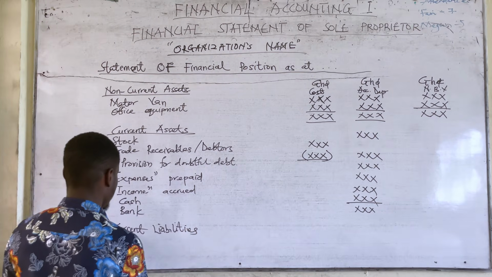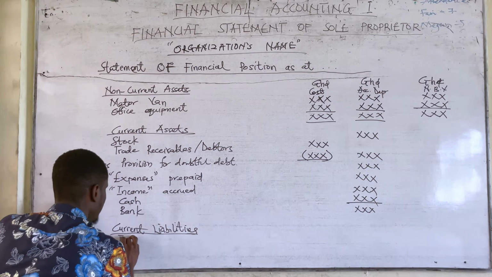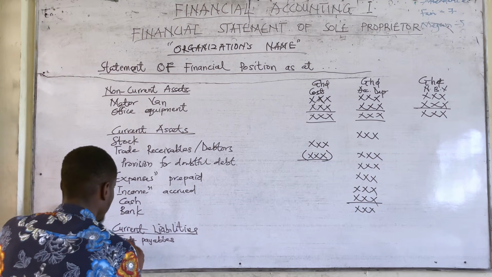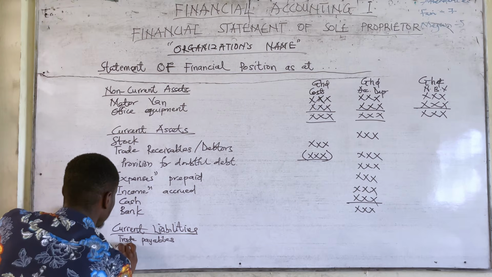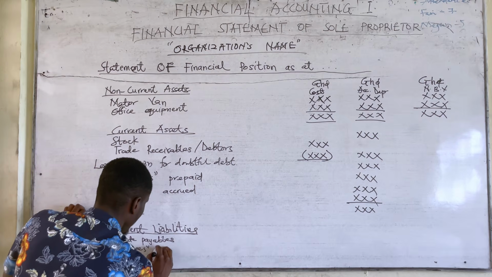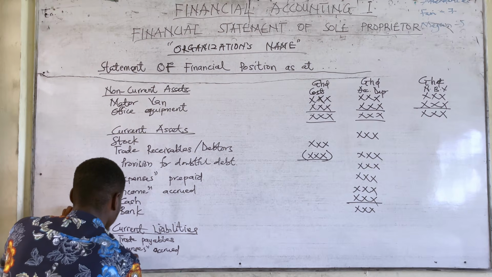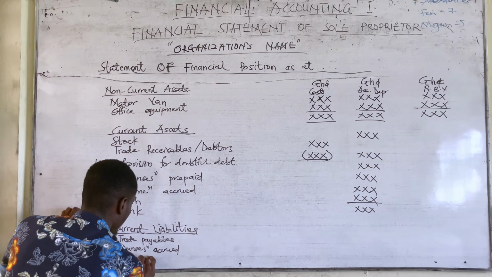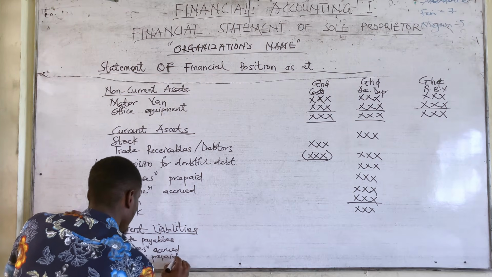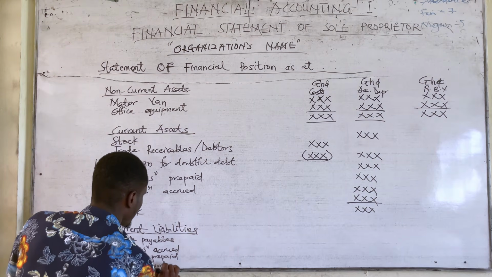So current liabilities. Okay, so under current liabilities, you will be getting your trade payables. With the same thing, if you see any expenses owing or accrued, income prepaid, bank overdraft, they are all current liabilities.